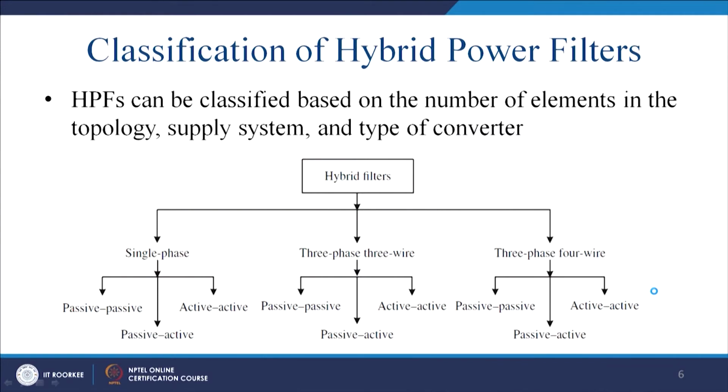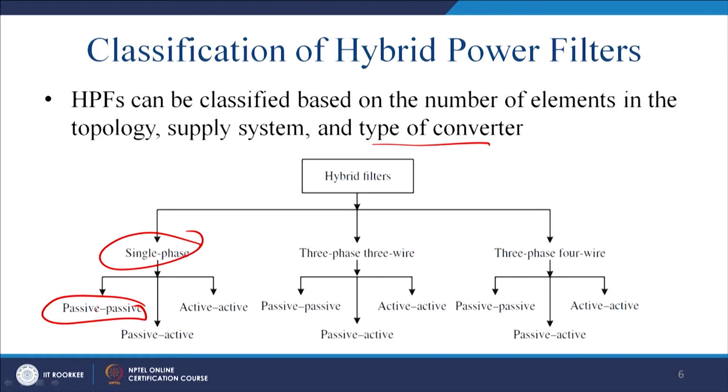You see that this is the overall classification, and this hybrid power filter can be classified based on the number of elements in the topology, as I discussed earlier, the supply system, and the types of converter. So, it can be single phase, and then you can have a single phase passive.